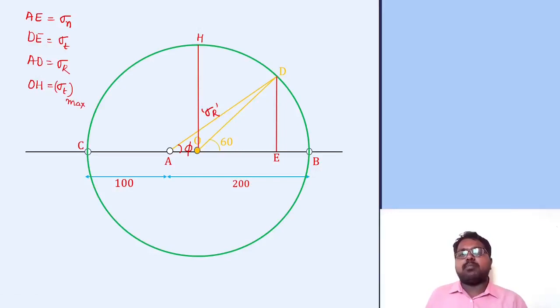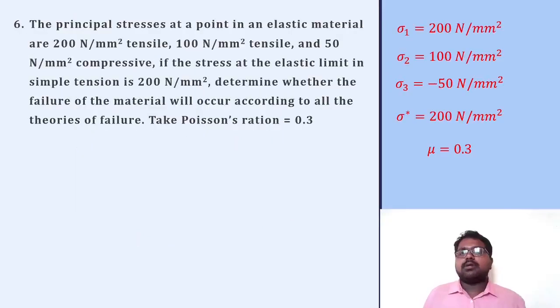So from our problem, we need to find the values of resultant stress, that is sigma R, where sigma R is the length of AD, and sigma T max, which is the length of OH. So we got the values of sigma R and sigma T max from the Mohr circle. This is our second problem. Now let us see the next one.